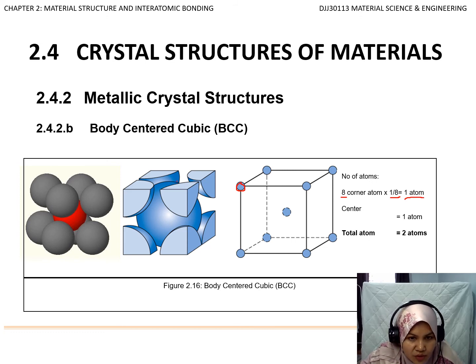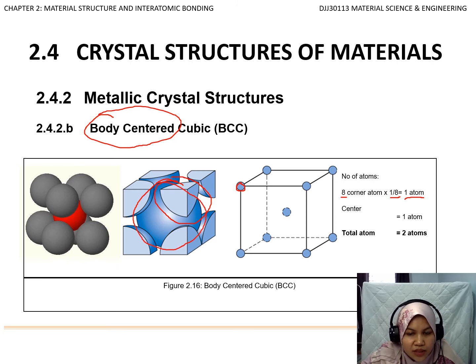Kalau kamu tengok kat sini boleh nampak bila kita potong atom tu ikut bentuk kotak ni, sebenarnya dia adalah 1/8 sahaja, for each of the 8 corners. Jadi total dia 1 atom, and the other one is at the center, sebab tu nama dia body centered cubic. So satu lagi tu pada dalam body ni lah.